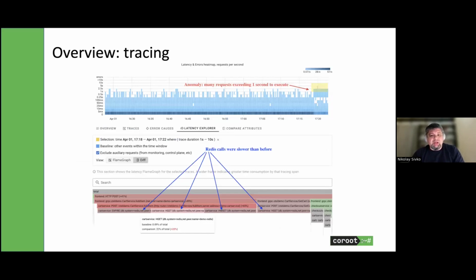Next, we can also understand that there are some latency anomalies. Requests from here went to the higher latency area, and we can select them and understand which services consumed most of the time. In this case, we were waiting for Redis.